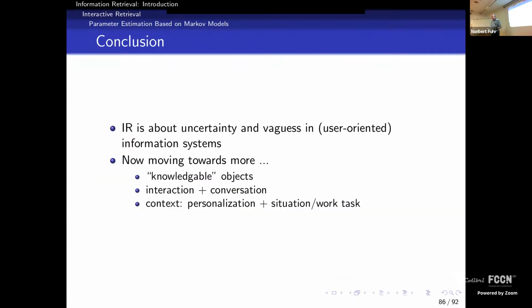Well, to conclude, IR is about uncertainty and vagueness in user-oriented information systems.